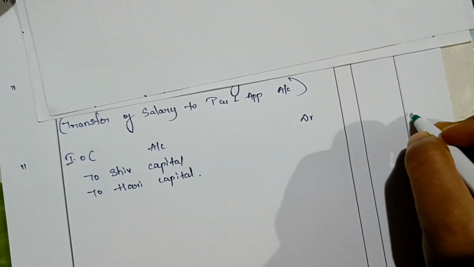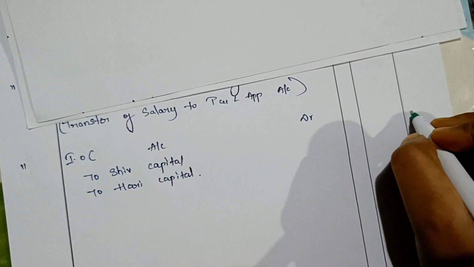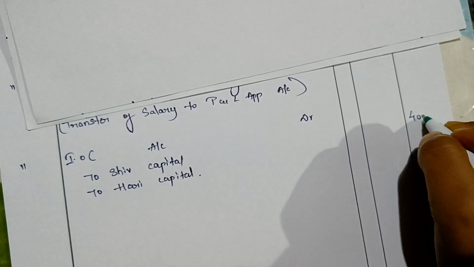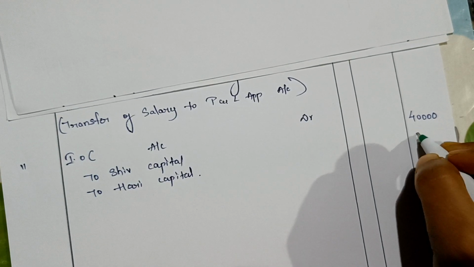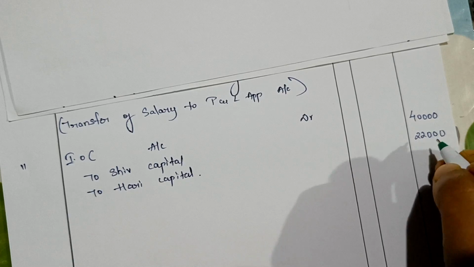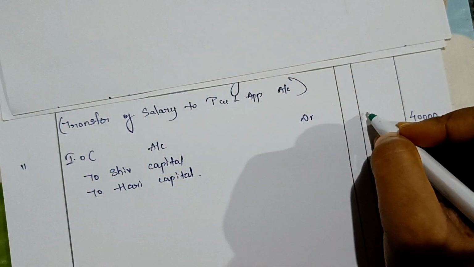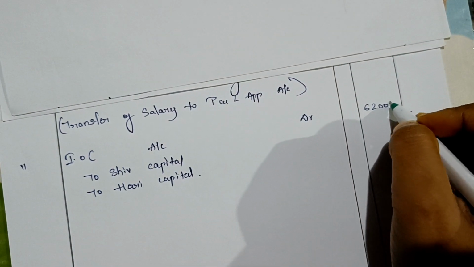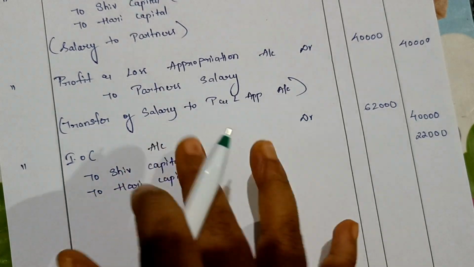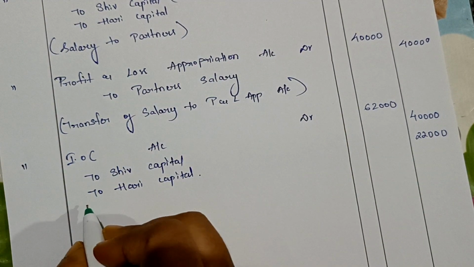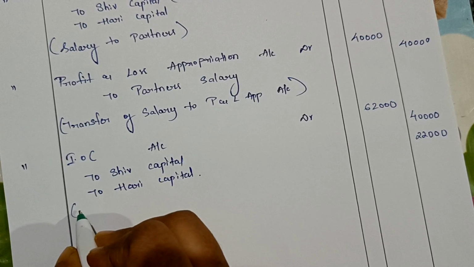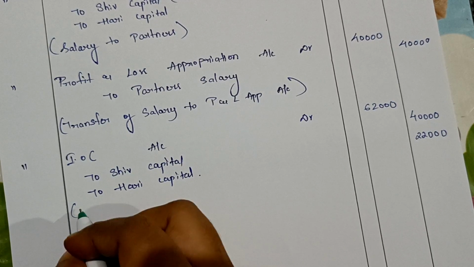So here Shiv's interest on capital is 40,000 and Hari's is 22,000. Total will be 62,000. Next, the interest on capital will be transferred to the profit and loss appropriation account. So first we will pass the narration for this entry.